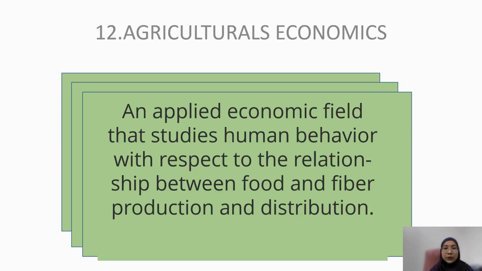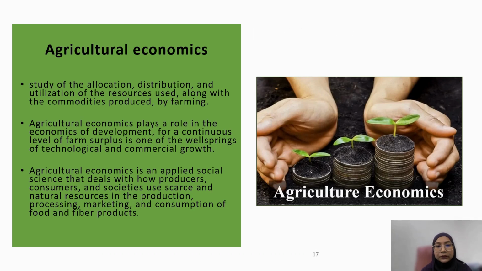So let's go to agriculture economics, something that you can create in terms of economics, such as creating money from agriculture. It is an applied economic field that studies human behavior with respect to the relationship between food and fiber production and distribution. It is the study of allocation, distribution, and utilization of the resource use along with the commodities produced by farming.